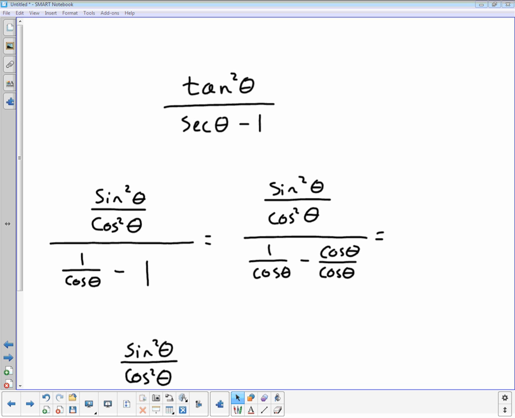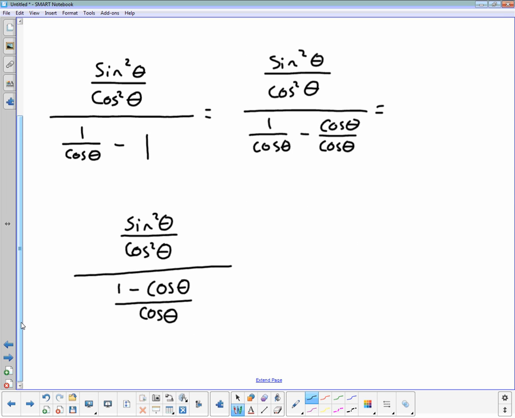Okay, so we kind of had an extended commercial break there. Like I said, there are different ways to get here, but if you decided to turn it into just sines and cosines, that would be it. You get your common denominator, and now at this moment you can do your double rainbow.